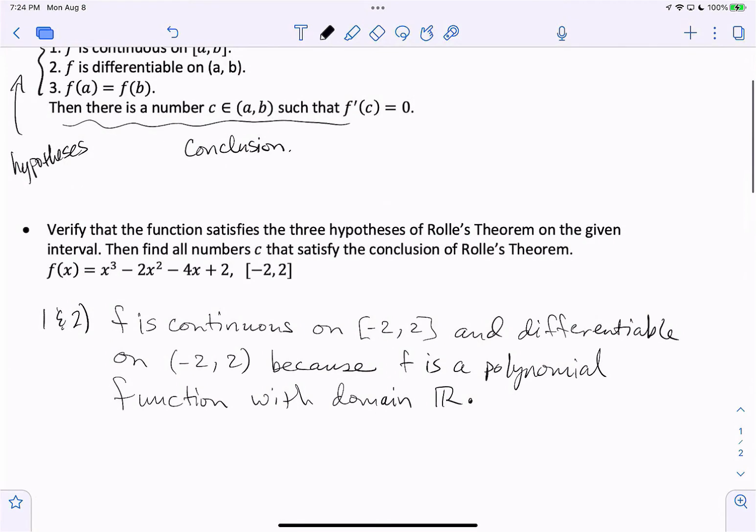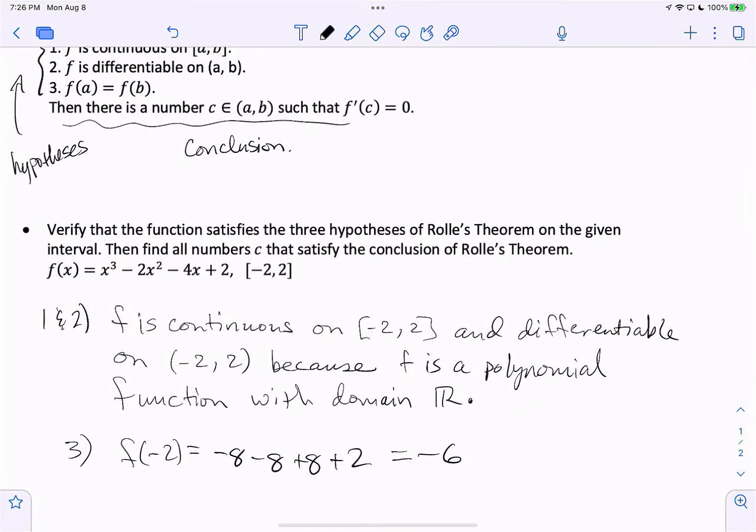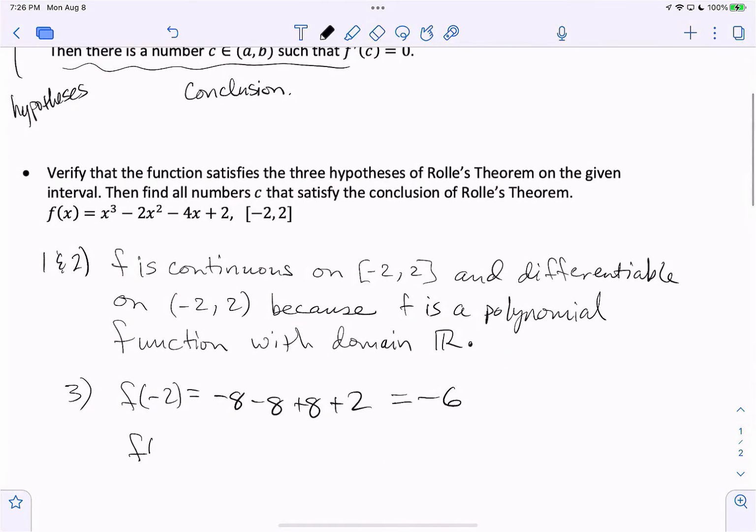Now I need to show part 3. Well, f of -2 is equal to -8 minus 8 plus 8 plus 2. That looks to be -6. f of 2, we don't just write down, oh, it equals -6 or whatever.